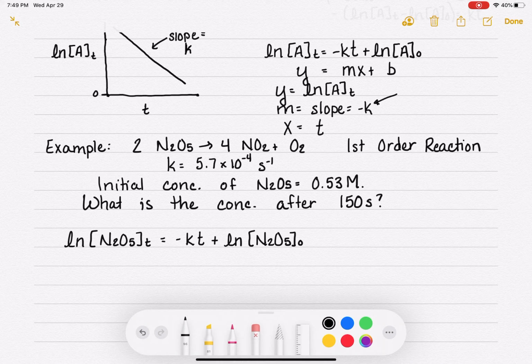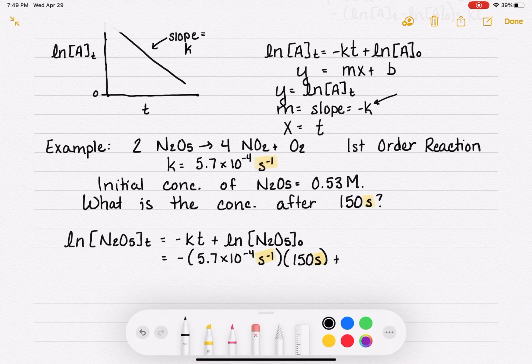Our k, the constant, is 5.7 times 10 to the minus 4, units second to the negative 1. The time that we're dealing with here is 150 seconds. Typically, you're not going to see incompatibility with the units here, but you should always double check and make sure that they are the same.